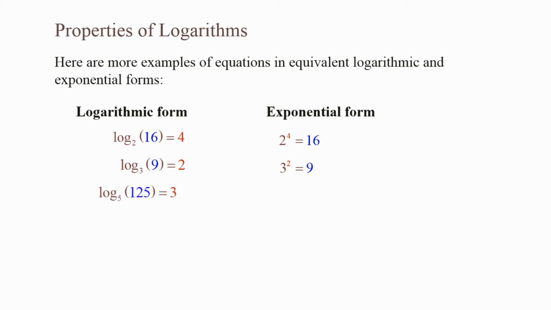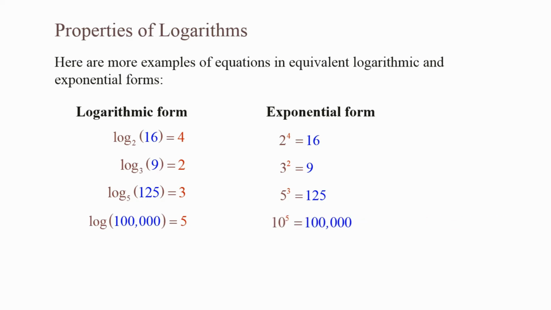The logarithmic form log base 5 of 125 equals 3 is the same as the exponential form 5 to the third equals 125. The logarithmic form log of 100,000 equals 5 is the same as the exponential form 10 to the fifth power equals 100,000.